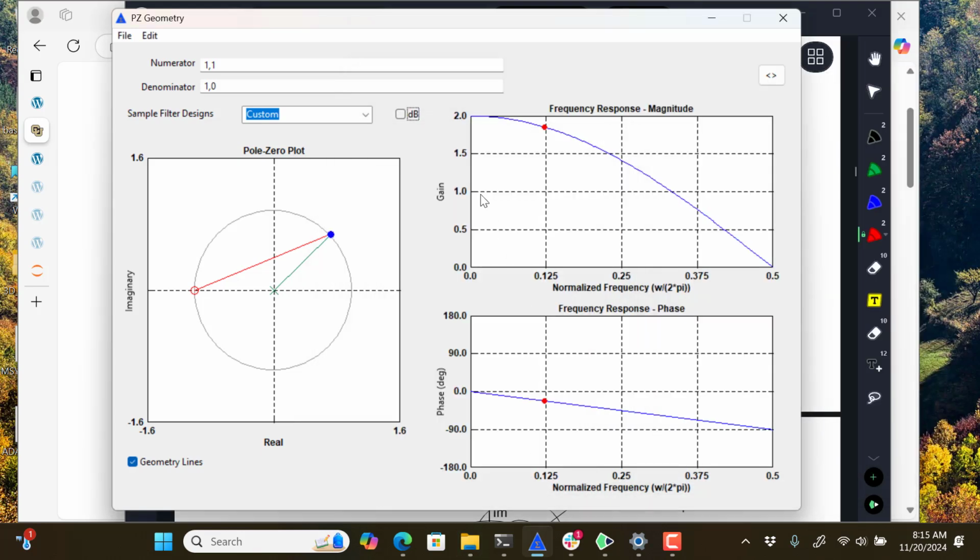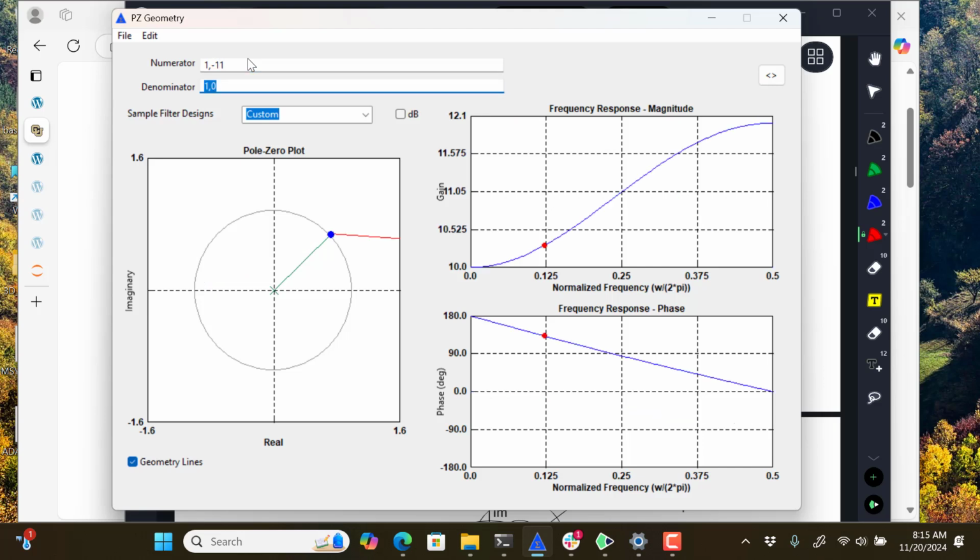So this is an example where I just placed a pole at 0 by basically saying the denominator doesn't have anything in it, and the numerator has just got a zero over here at -1.